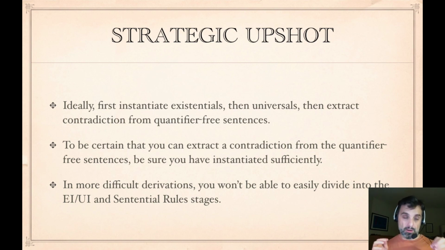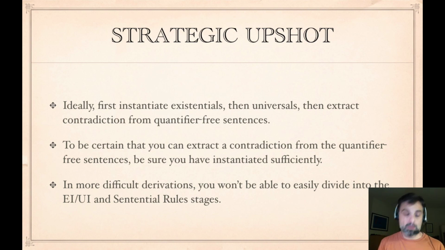So that's what you want to look out for. Have I done UI to all of the free variables and to all of the names, if there are any? If you haven't, then the quantifier-free sentences may not be inconsistent, and so the reason you're not getting a contradiction is that you don't have a group of inconsistent quantifier-free sentences.